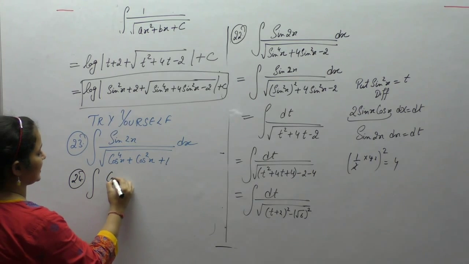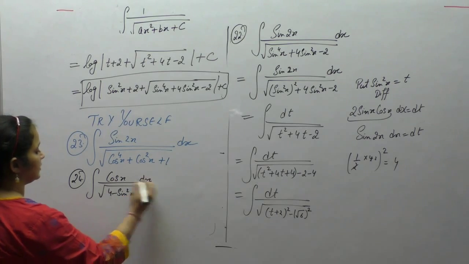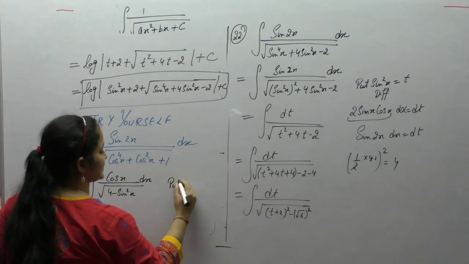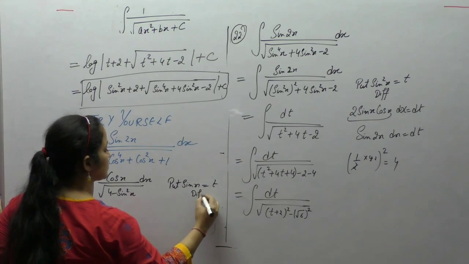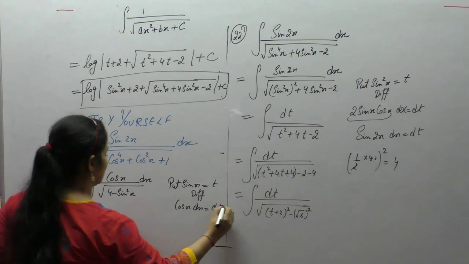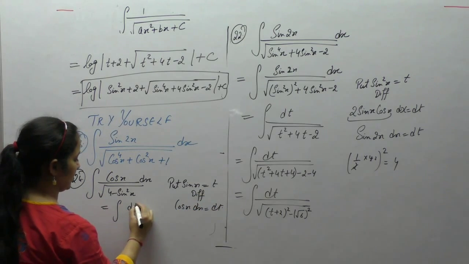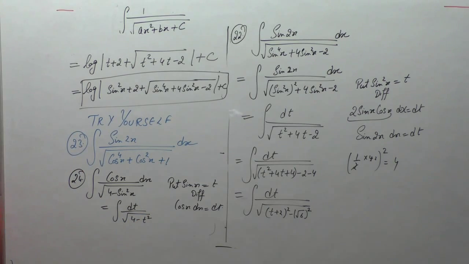Next is the integral of cos x upon square root of 4 minus sin square x. Put sin x as t here. Derivative of sin x is cos x, so cos x dx is dt, and we get dt upon square root of 4 minus t square.